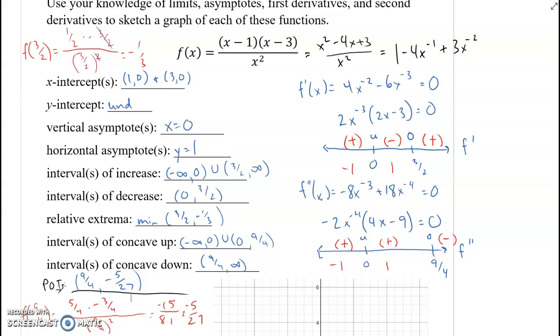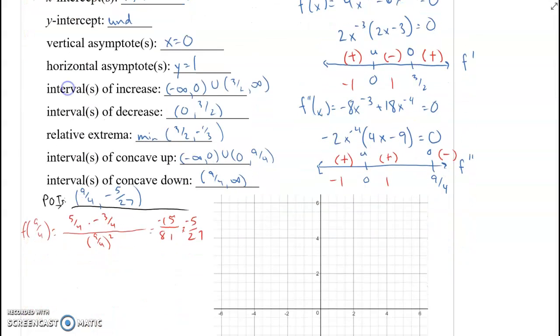All right, so plot everything that we know. For example, 1 and 3 are x-intercepts. We've got a vertical asymptote. We've got a horizontal asymptote. No y-intercept.